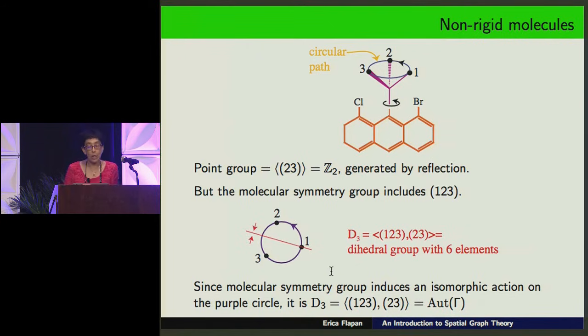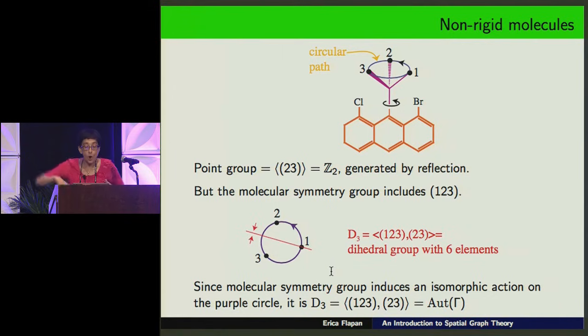Okay, so the point group here you can think of as just generated by (2 3). On the other hand, the molecular symmetry group includes this rotation of 1 to 2 to 3, which I write as (1 2 3) like that. And so the molecular symmetry group is actually the dihedral group with 6 elements. Topologists call this D3. I know group theorists call it D6, but in any case, I'm calling it D3.